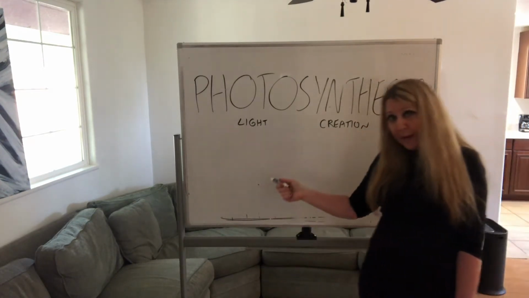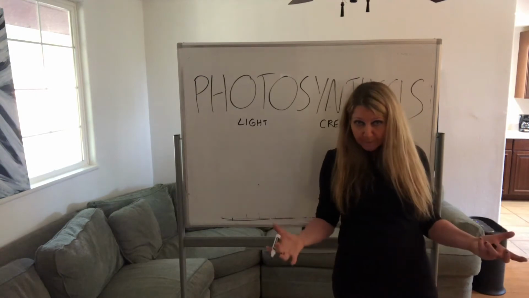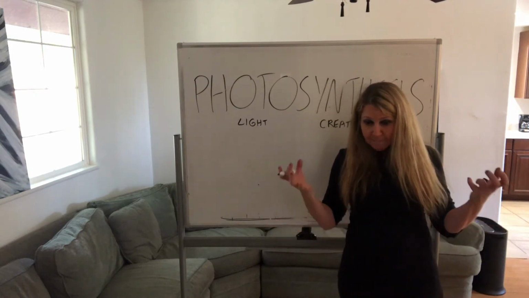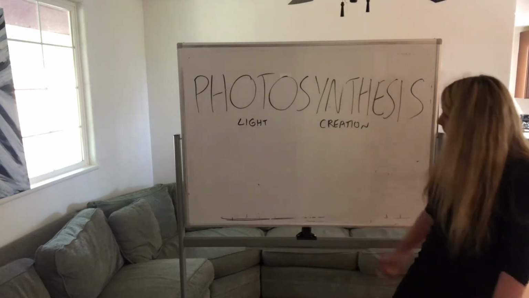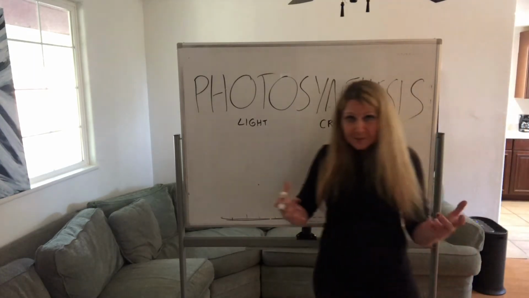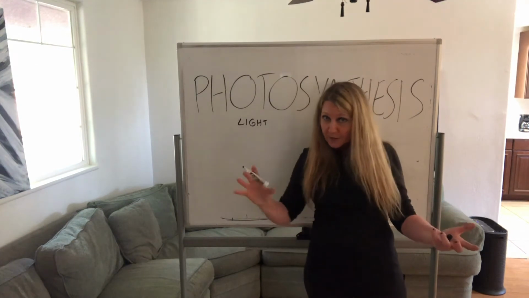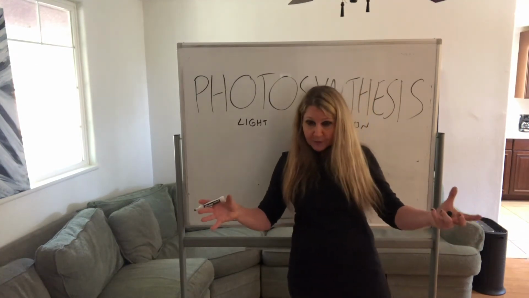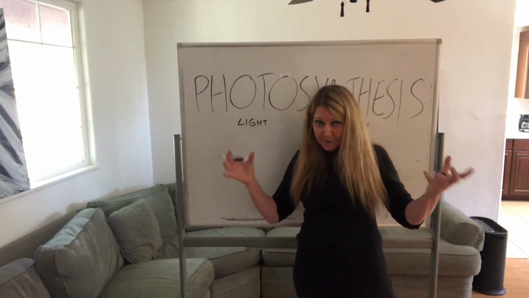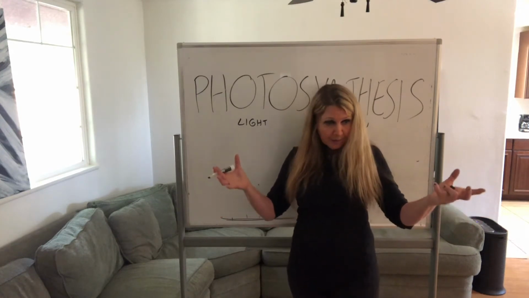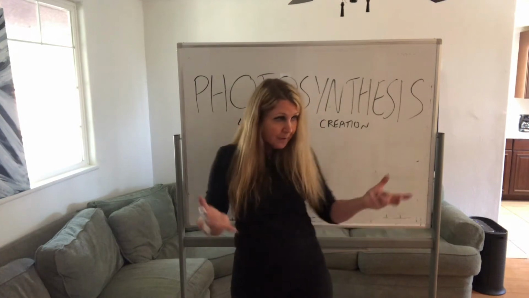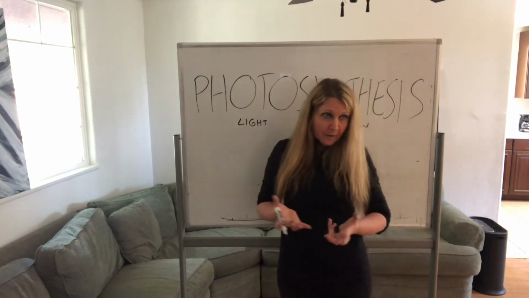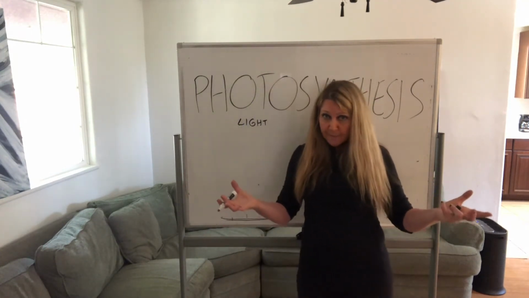The thing that is created in photosynthesis is sugar, which is packed with energy. Plants and some bacterial cells, not all bacteria, but cyanobacteria, perform photosynthesis. And most of the oxygen gas that we need to breathe actually comes from cyanobacteria in the ocean.